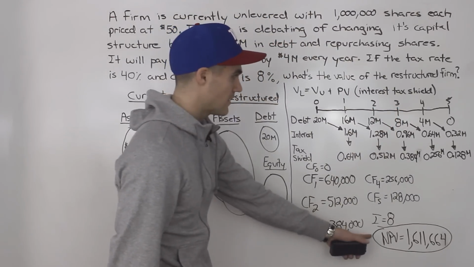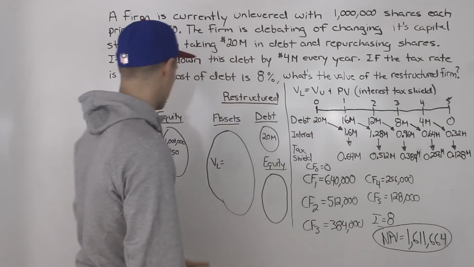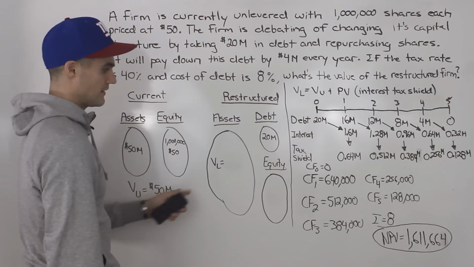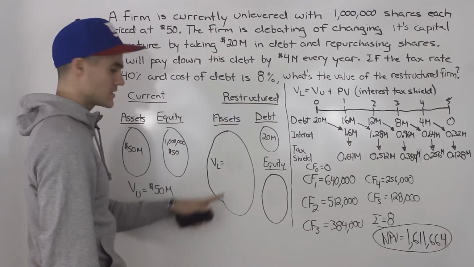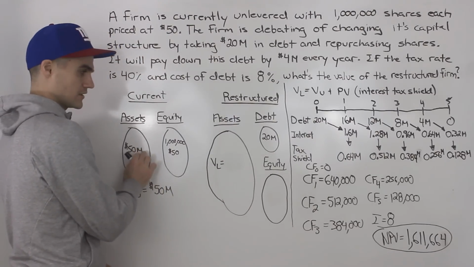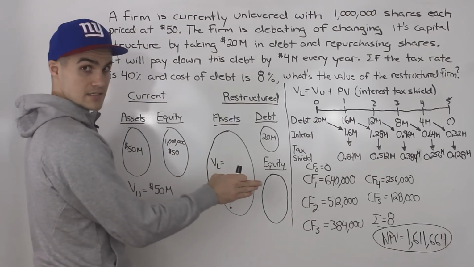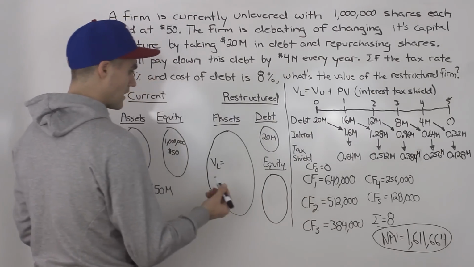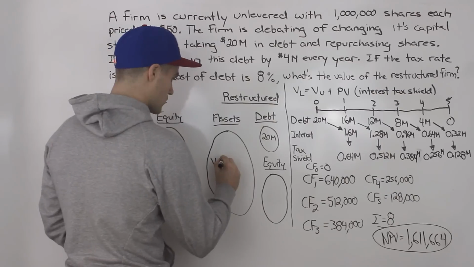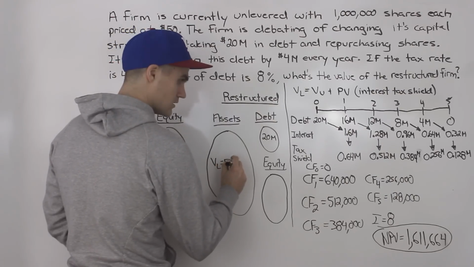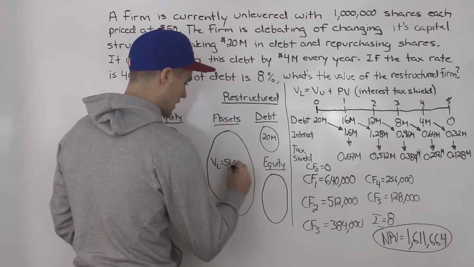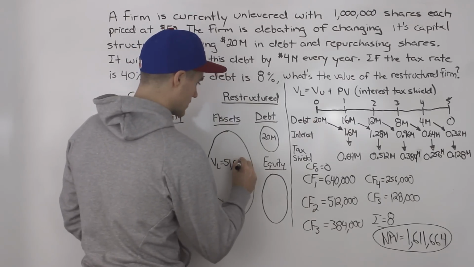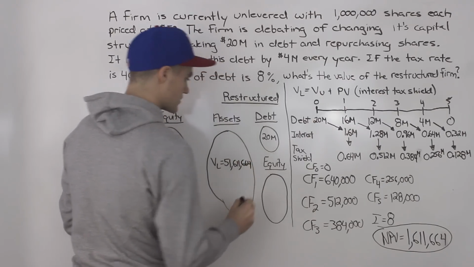And now, since we have that, and we have the value of the unlevered firm, which is $50 million, we can find out what the value of that levered firm is. It's basically equal to $50 million plus that present value of the interest tax shield. So the value of the levered firm would be $51,611,664.